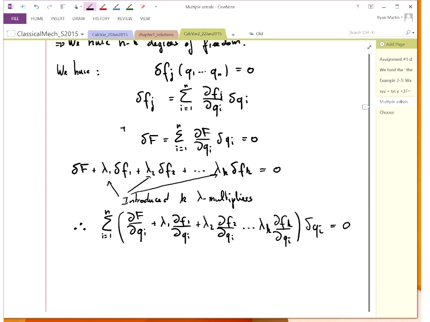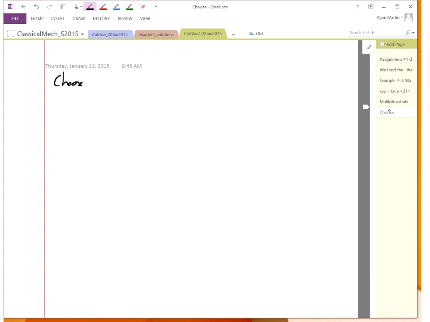So the terms are not each equal to 0 because the delta qi's are not independent. Now we threw in these arbitrary values lambda, these Lagrange multipliers, and there's k of them. So that means we can make k choices for those multipliers, and we're going to choose those multipliers.